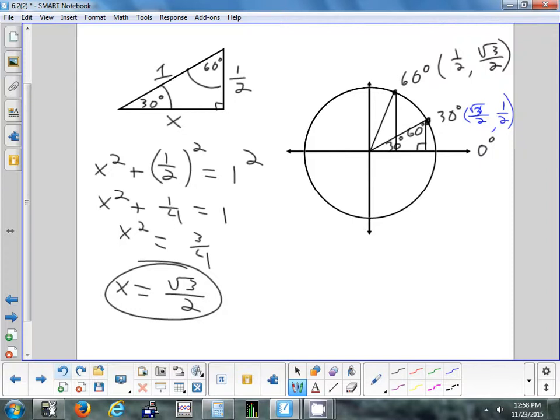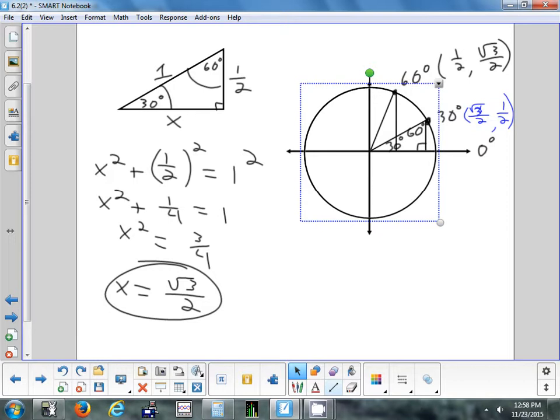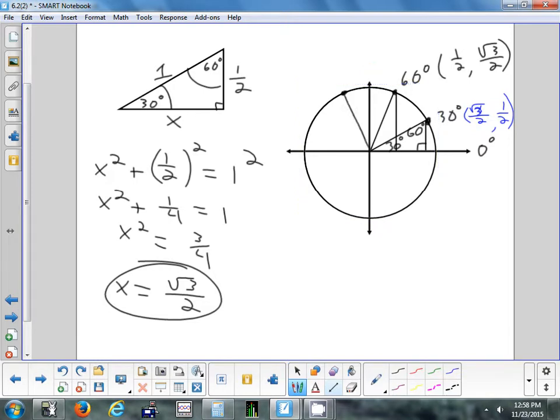Okay, and same idea, we can reflect into any quadrant. So let's say I had, let's take this triangle and flip it. What would this angle be, or what would the point be that corresponds to that angle? Negative what?